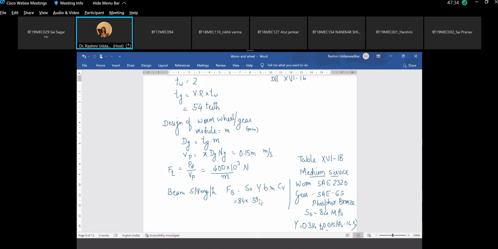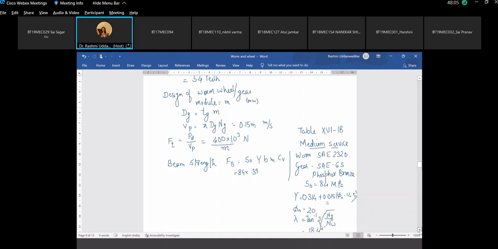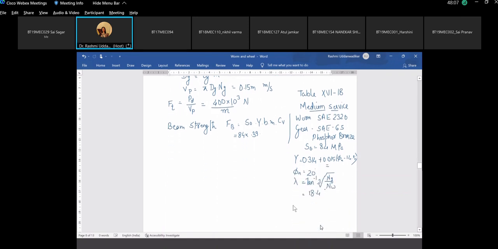What about B? How do we take the value of B for gear? B is the face width. Now refer the table 1690. It is giving the value of face width B, face width B for single and double thread and for triple and quadruple thread. Which one we are referring? Table 1619.